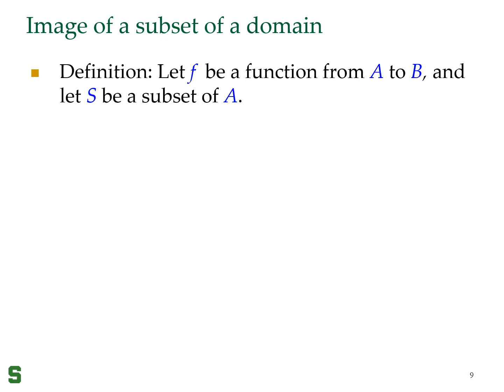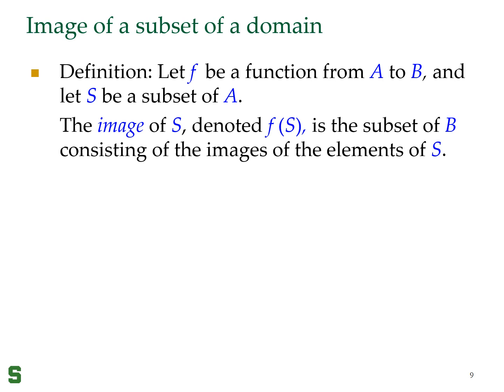Let f be a function from A to B. Let S be a subset of A. Now we can define image of S: basically start from an element in S and see where the function takes you. That's going to be the image of S. Formally we can define this as take all images f of s where lowercase s is an element that is in the capital S, which is the set.